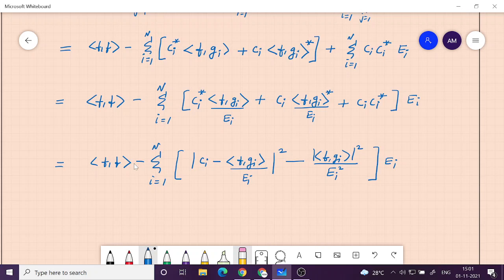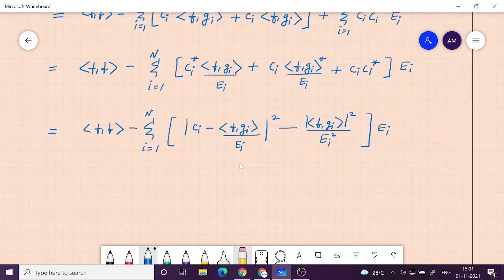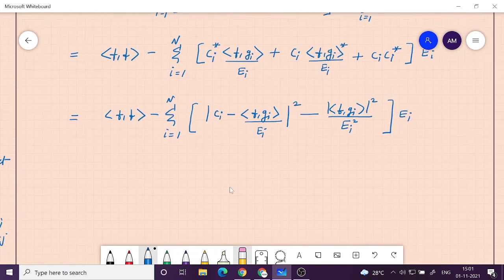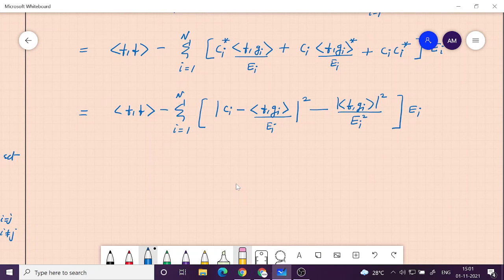I dropped some of the steps here because we have already seen that from the previous problem. So this modulus square is basically the term inside the modulus times the conjugate of that. I will generate 4 terms. Out of that, the last term is not present here. All the other 3 terms are present. So I need to subtract away that term. So now the question is, again, the same question which was asked before.